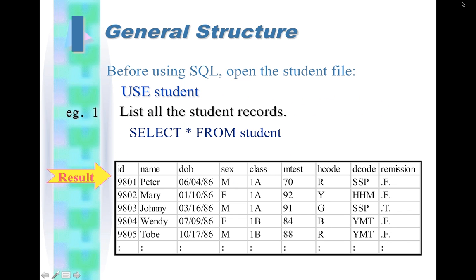If this is the schema, list all the people who are born on a Wednesday or a Friday or a Saturday. How do you find out?